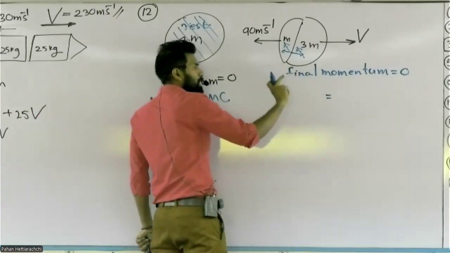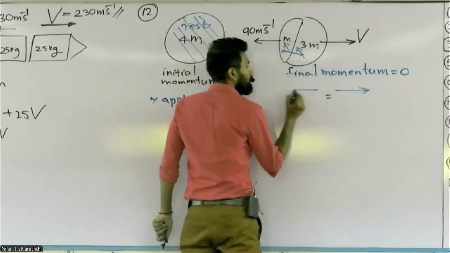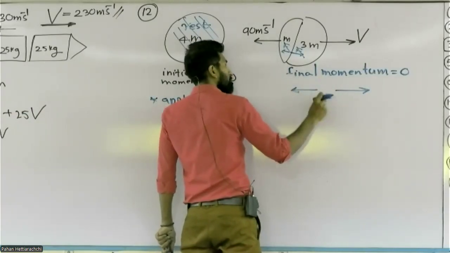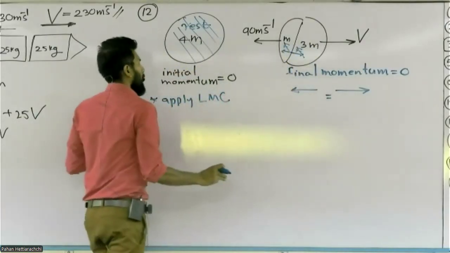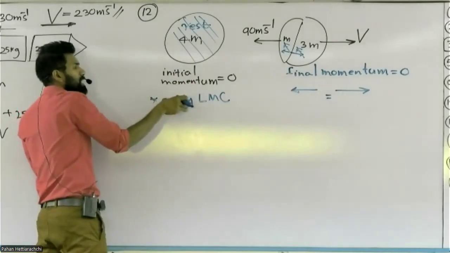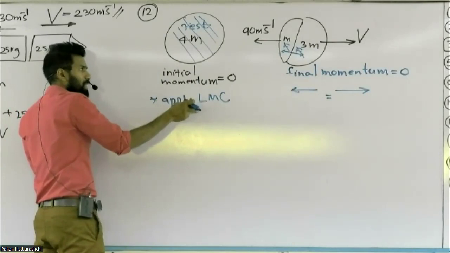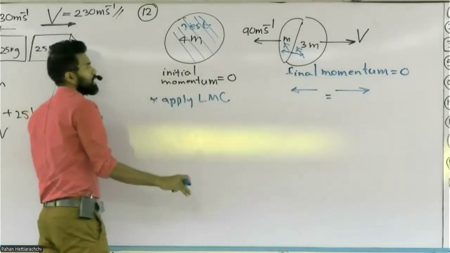It can become 0 if the fragments cancel their momentums by moving in opposite directions. How can you make it 0?